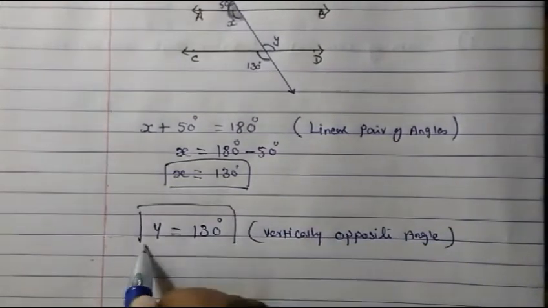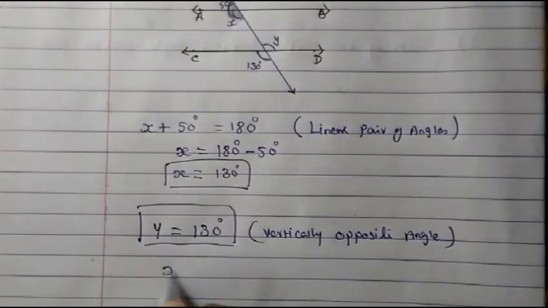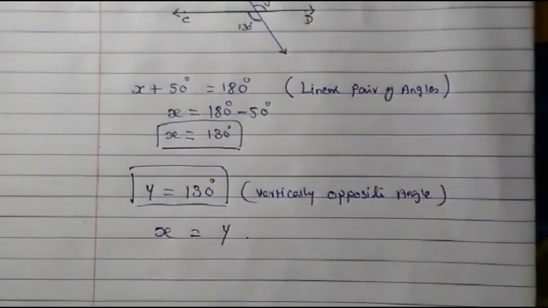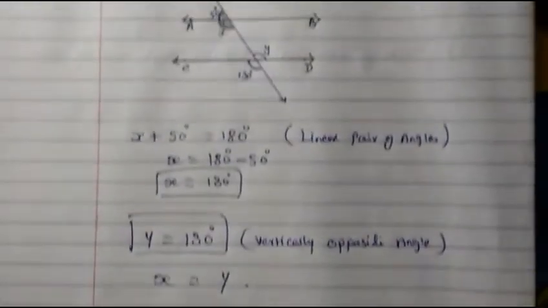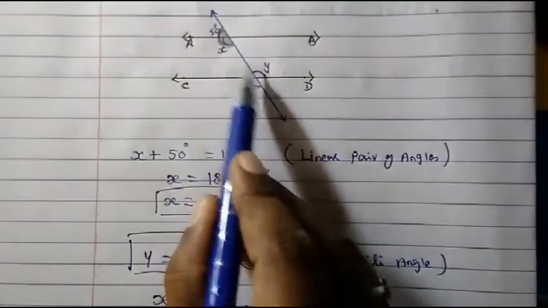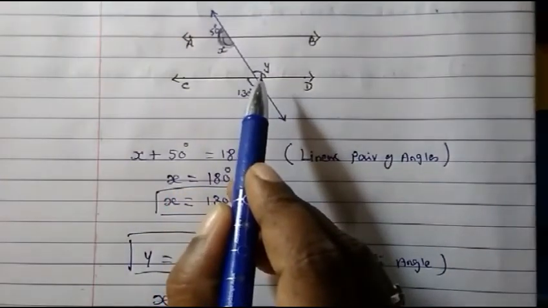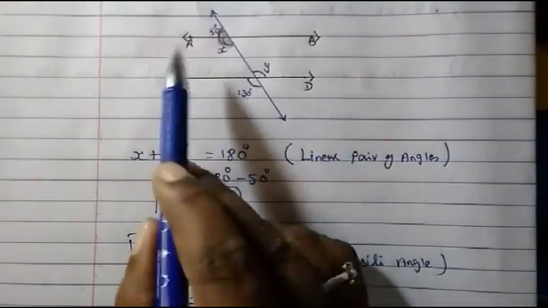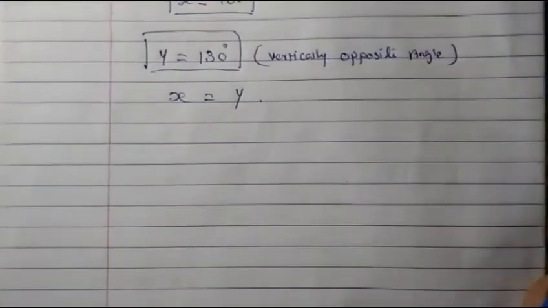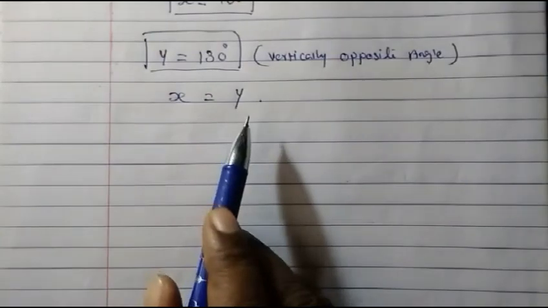So we found out that x is equal to y. When will x and y be equal to each other? When they are alternate interior angles. When alternate interior angles are equal to each other, that means the lines are parallel. If the lines are not parallel, then alternate interior angles will not be equal to each other.